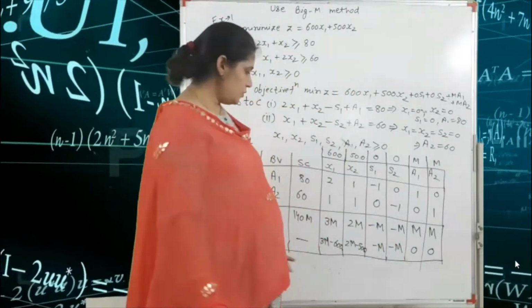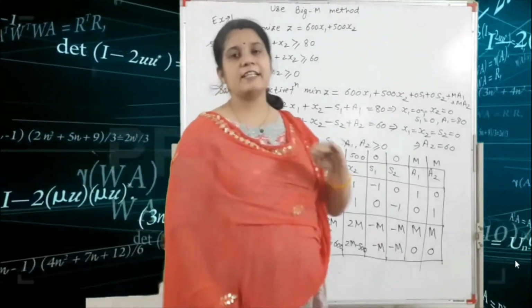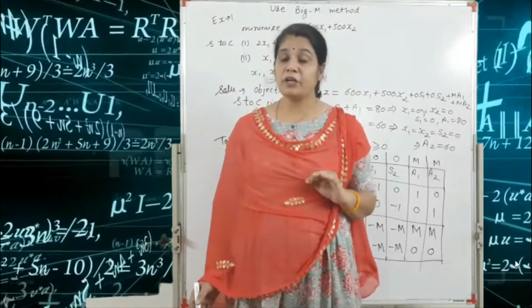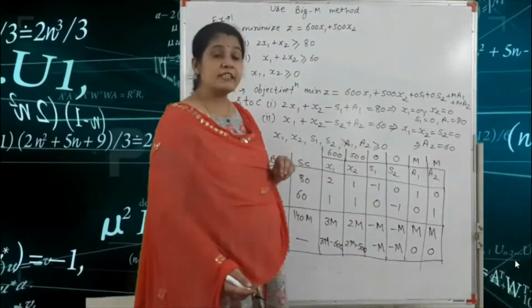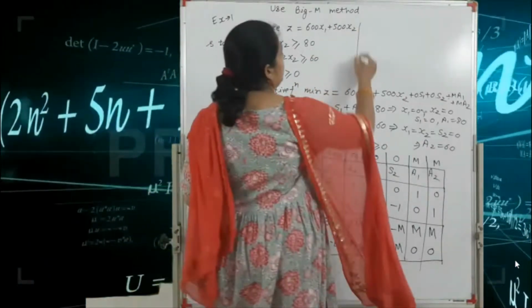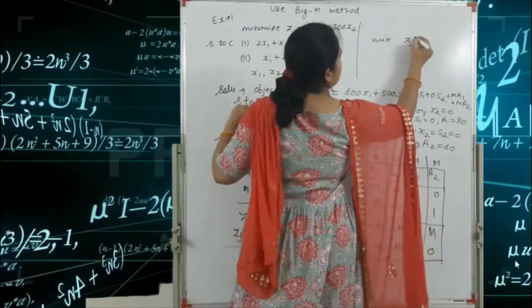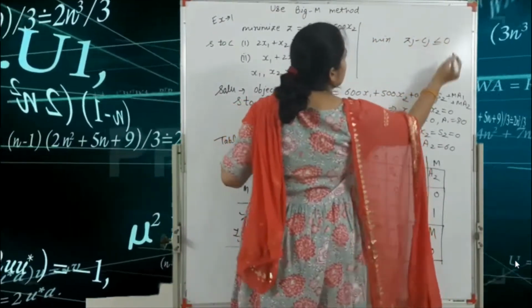Here your question is in the minimization form. So what is the condition? If your question is in minimization format, Zj minus Cj is always less than or equal to 0.